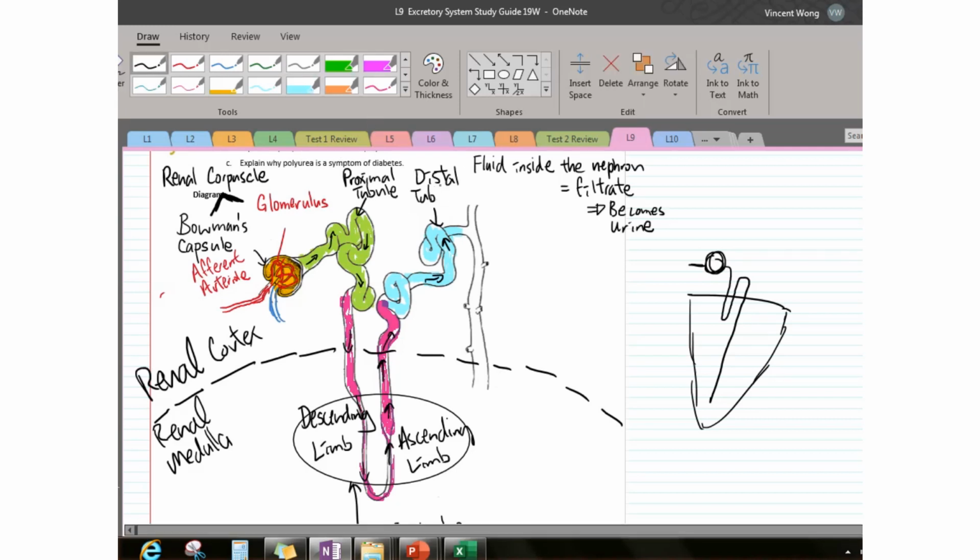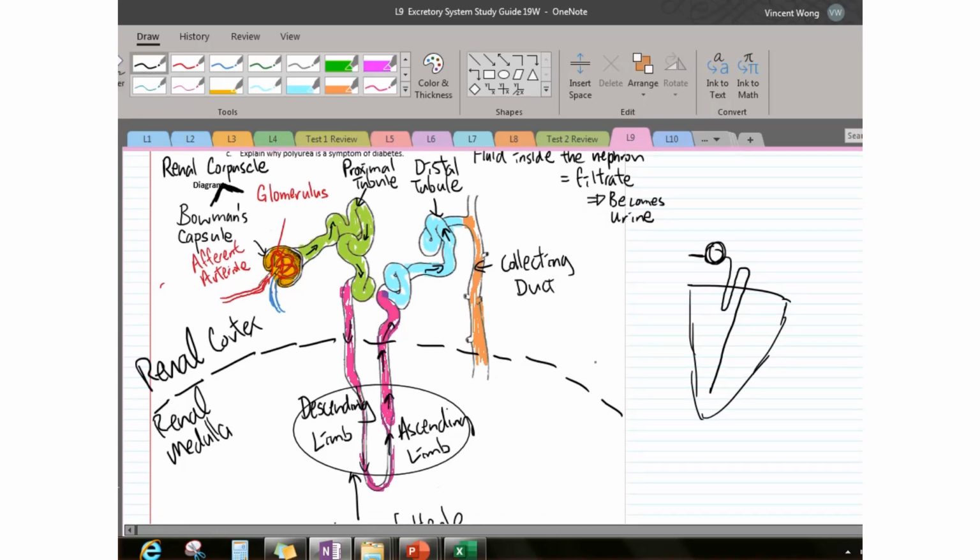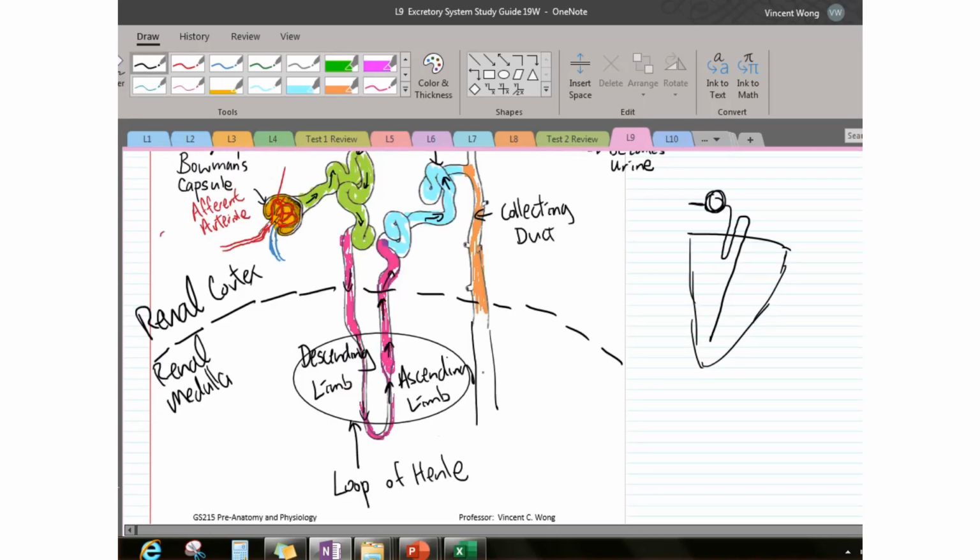And from the distal tubule, we're gonna go into the collecting duct. Okay, so you can see this collecting duct actually will go all the way down. Right, now I'm just gonna draw another nephron here with a different color. So loop of Henle, go back up, distal tubule, and then collecting duct.